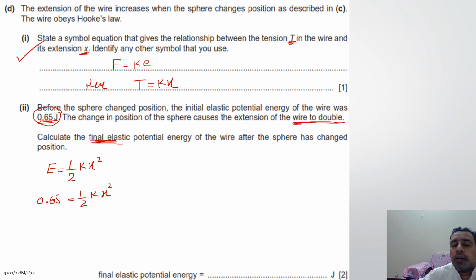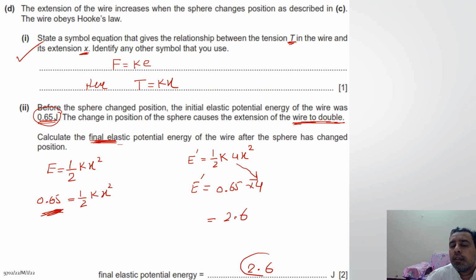And for the new energy E dash, this is half k, and now the extension is double, meaning (2x) square, that is 4x square. Okay, and you know that the value of this half kx square is this one. So it is 0.65 into 4. This 4 is here. So by multiplying, the answer is 2.6. So the answer is 2.6 joules.